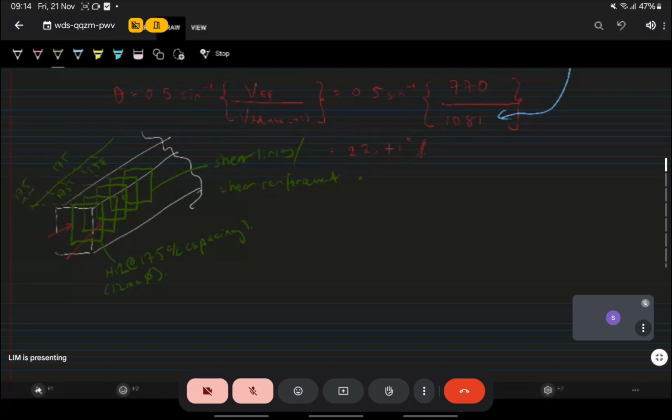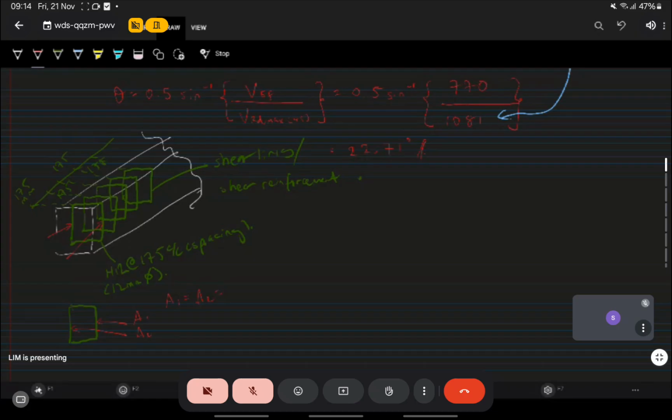Basically we have links like this. We need to know the area of that bar and the area of that bar. But they are both the same size, so A1 is equal to A2.